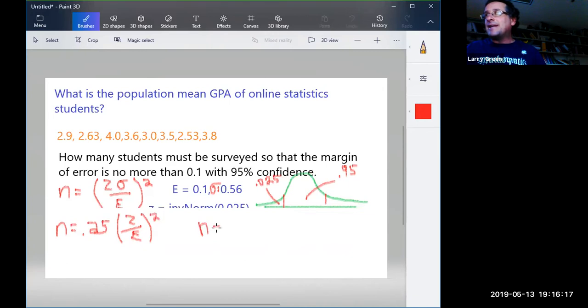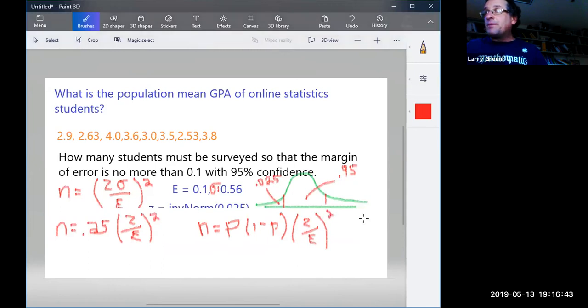And that's n is equal to p times 1 minus p times z over e squared, where p is your estimate, where you have an idea of what that proportion might be.